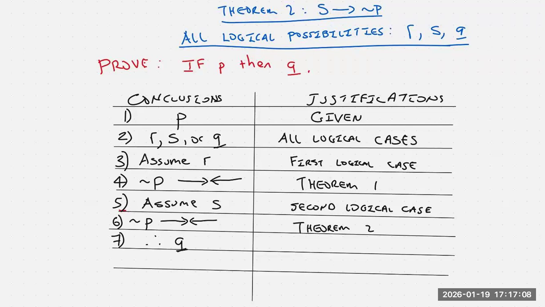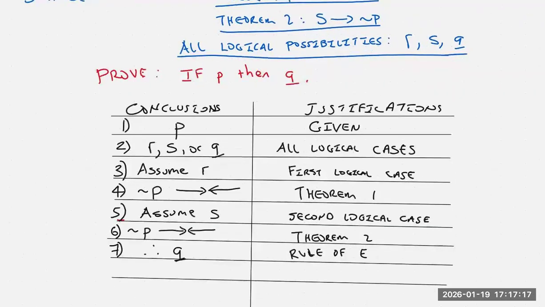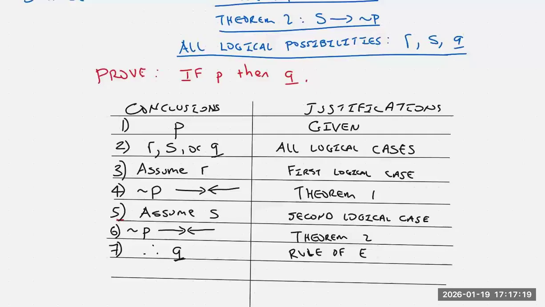Here's a special rule. It's called the rule of elimination. Very simple word. We've eliminated all the other two, so the only thing left is that Q is our possibility.